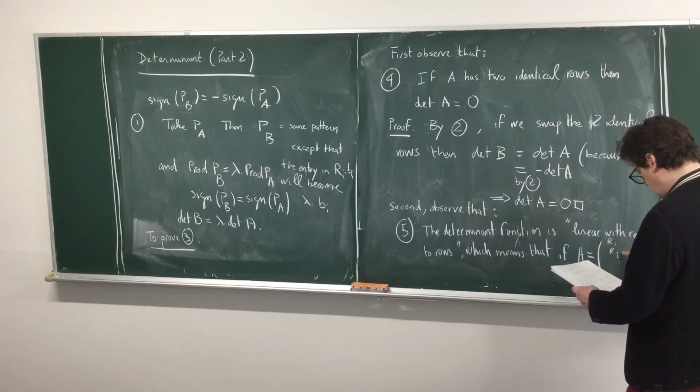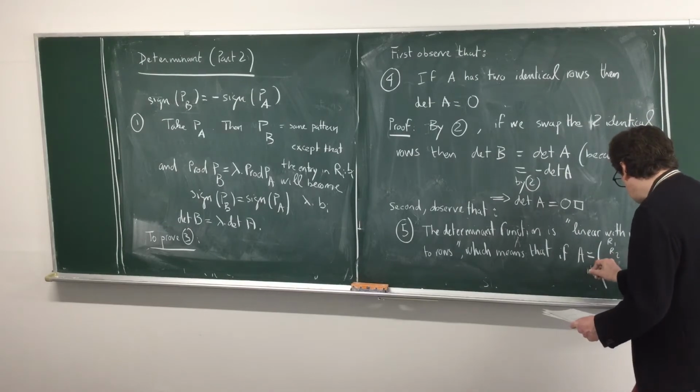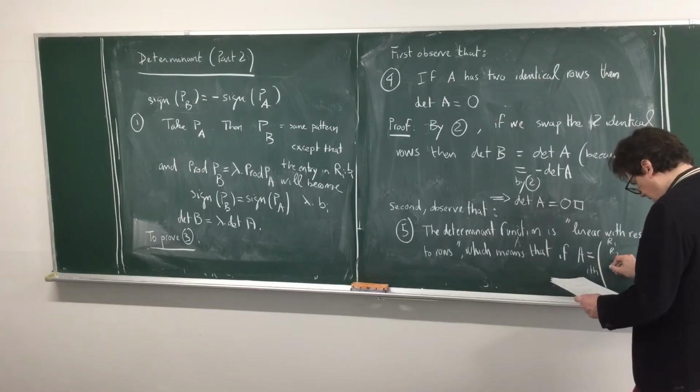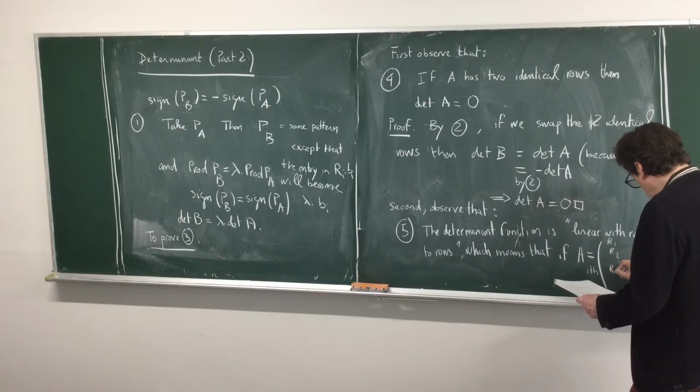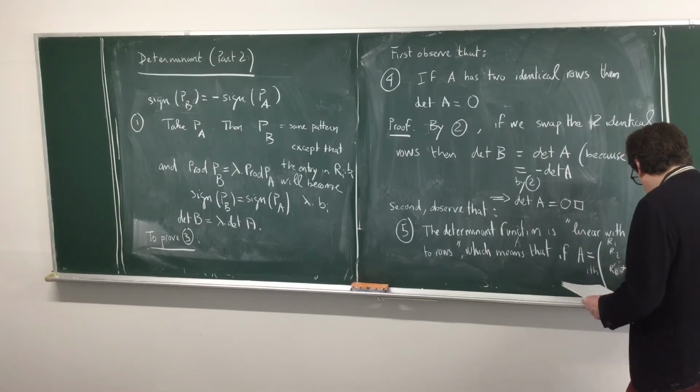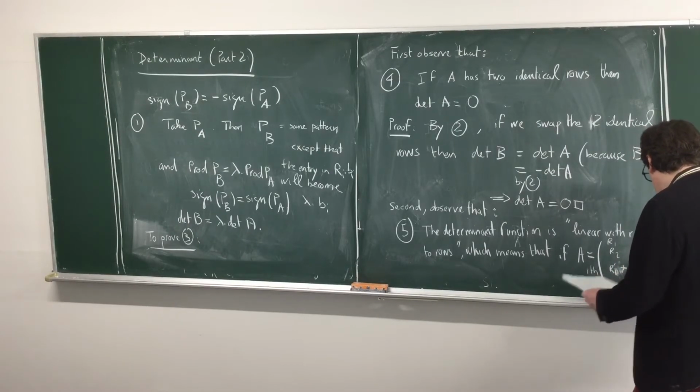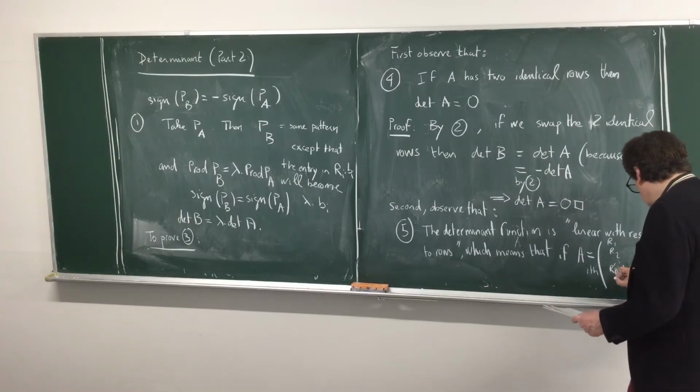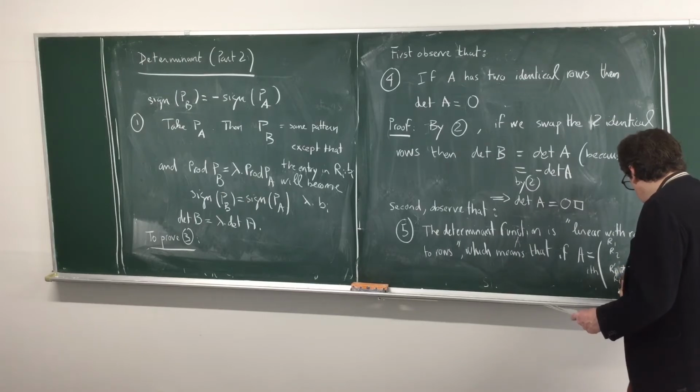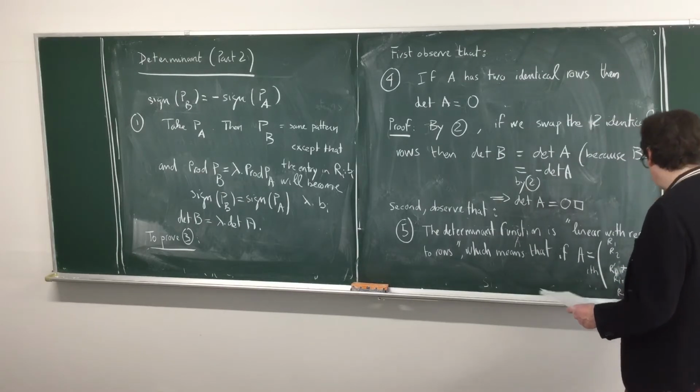I'm going to take here for the ith row, row prime i plus row prime j. So I will just add two rows, and then the other rows are as usual, row i plus 1, row n, okay?